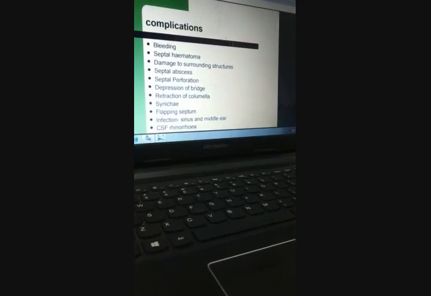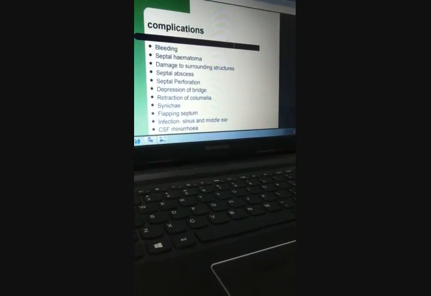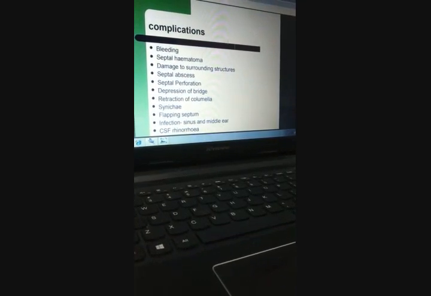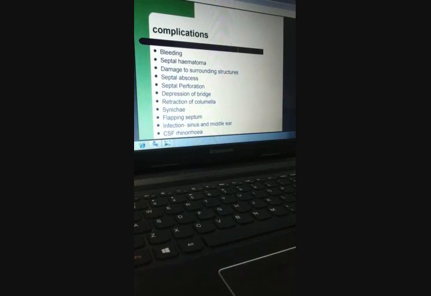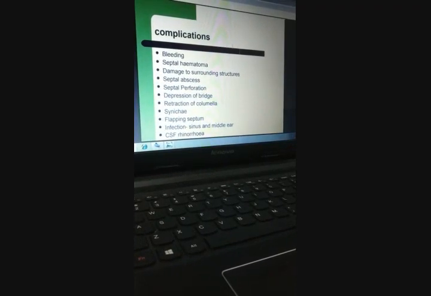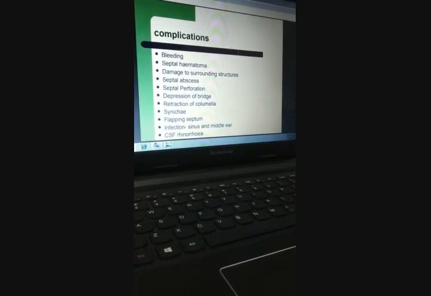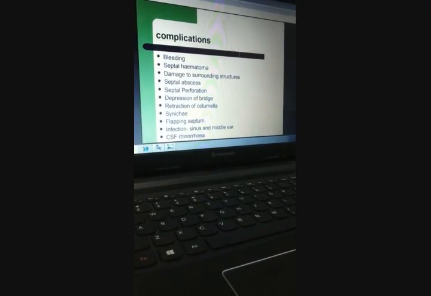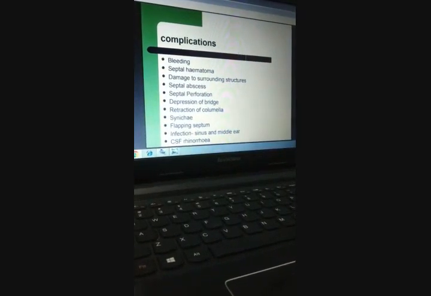Now, what are the complications? So, complications may be bleeding, septal hematoma, damage to surrounding structures. Septal hematoma may lead to septal abscess, or septal perforation may even occur.